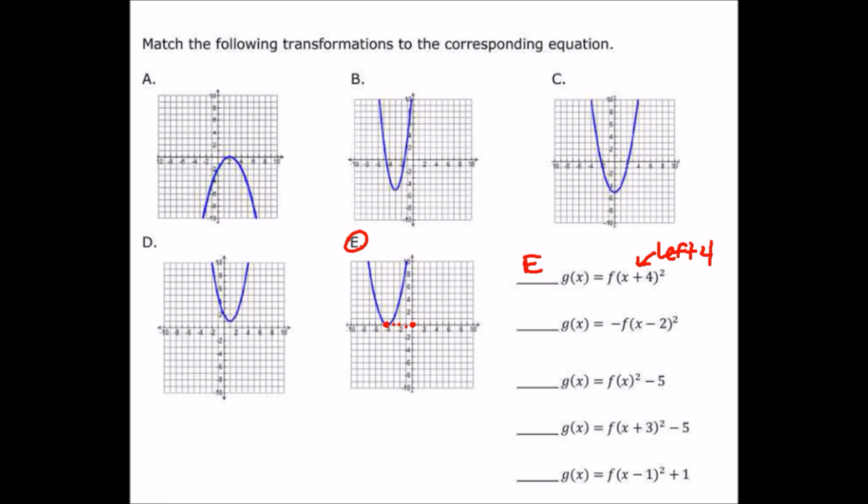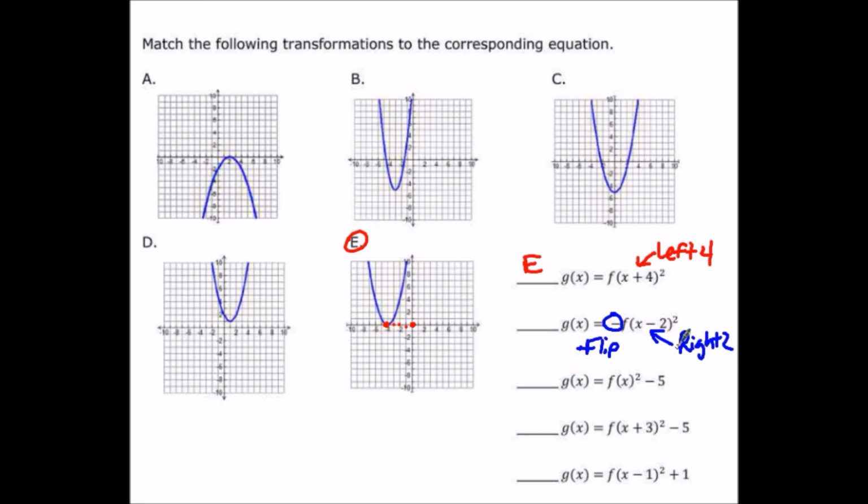Next one. We have 2 transformations here. This negative out front tells me it's going to flip. We automatically know that. Now this minus is on the inside dealing with the x's. So he's saying, hey, you think I'm going to go -2, but I'm actually going to the right 2. So we need something that flips and goes to the right 2.